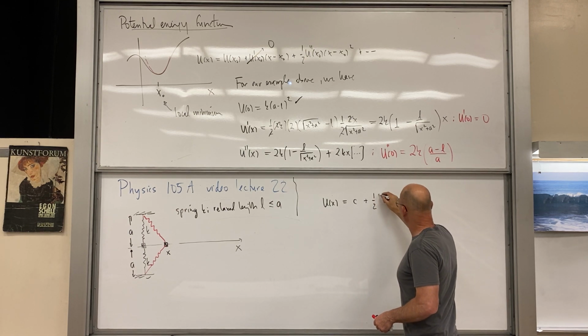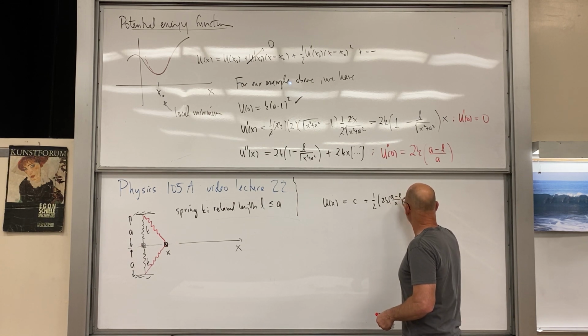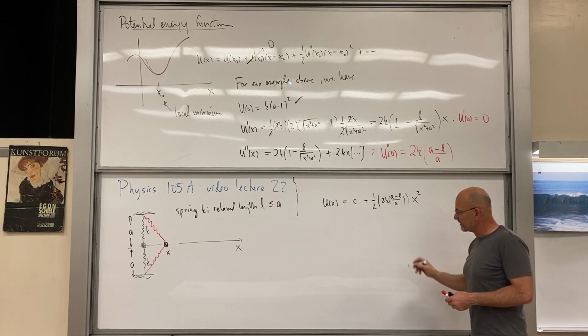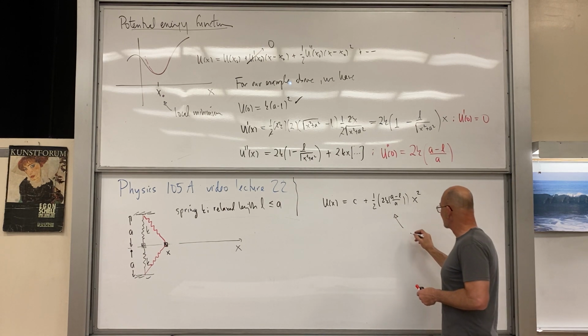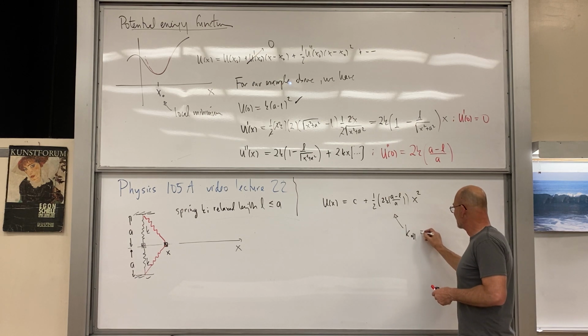Then I'll have this 2k, a minus L over a. And then we have the x squared. This is an effective spring constant, so we can call this k effective.